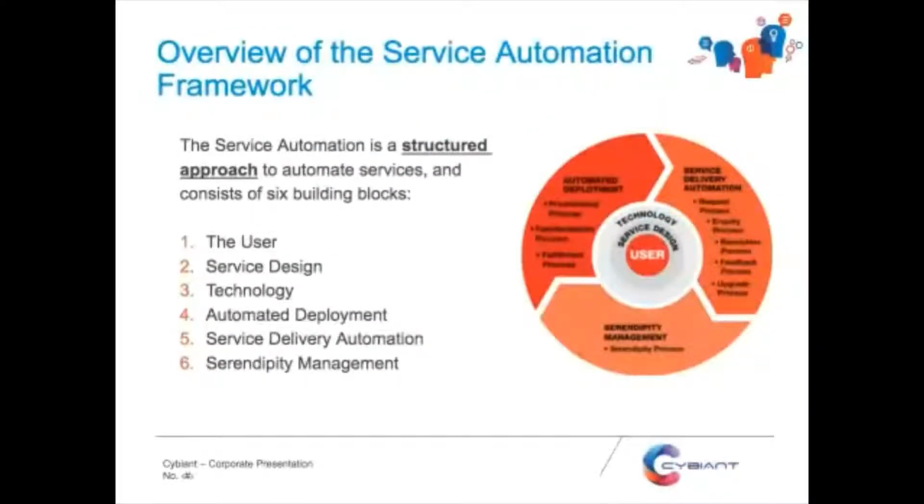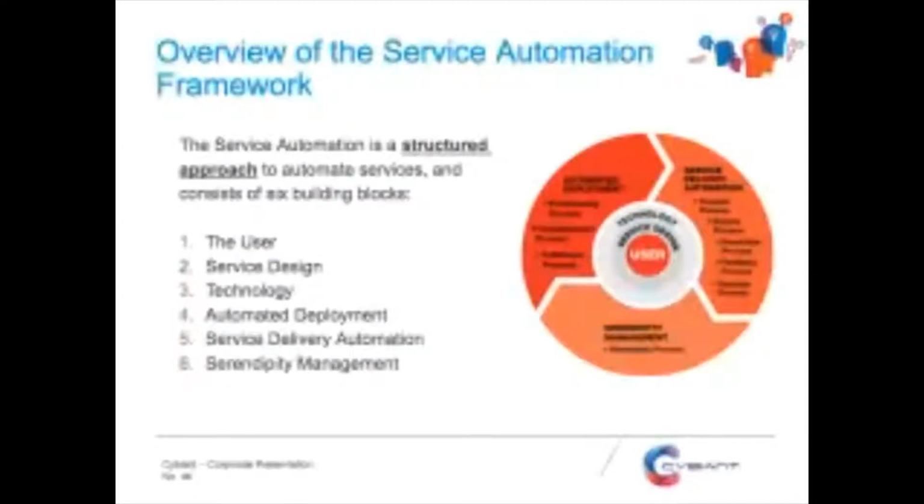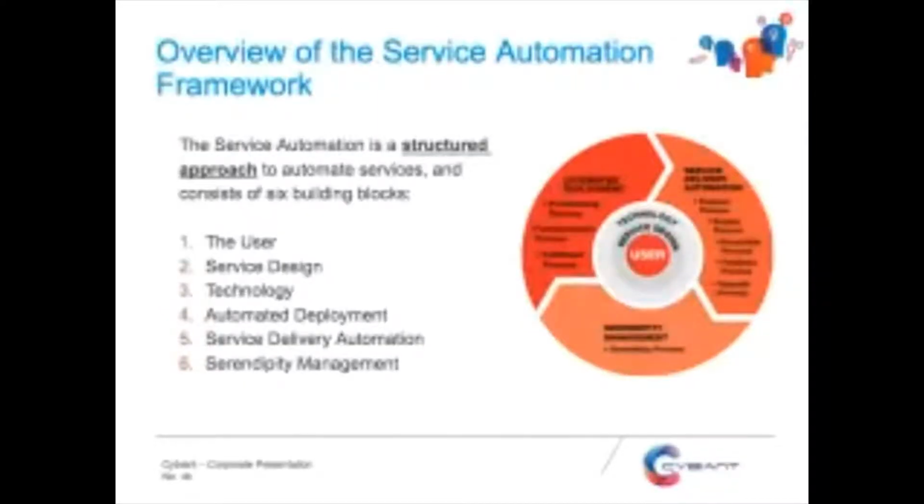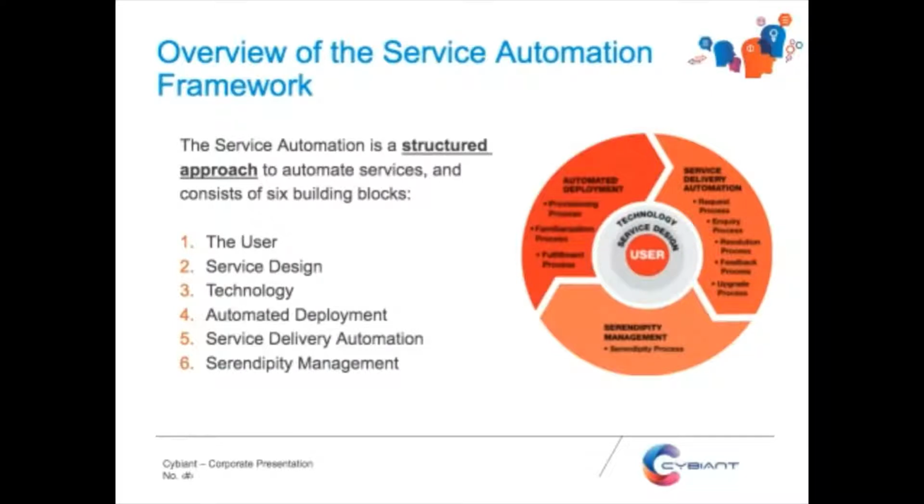Remember that earlier I told you that an automated service is always triggered by the user. And that's what you see here. So in order to design a good automated service, we first really need to understand who is our user, what are their preferences, and how do they initiate certain service requests. If we know our users, we can subsequently design the services around that. And that's what you see in the second layer of service design.